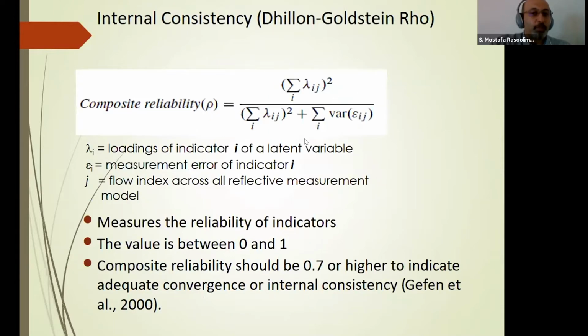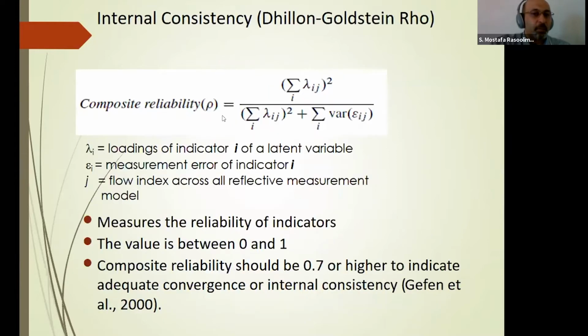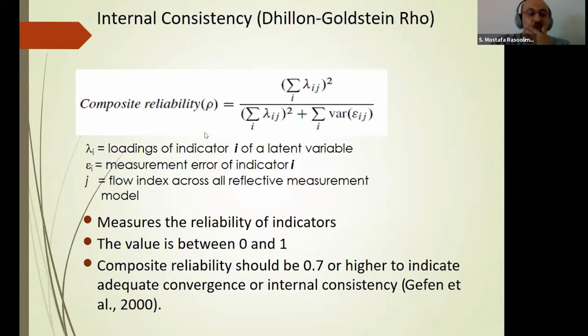This is the formula for composite reliability. You can see Cronbach's alpha is calculated based on variance, but composite reliability is calculated based on loading. So because of this, PLS prefers using composite reliability. And rho A is another criterion. Here we don't have a formula for rho A. But you have to apply at least 2.